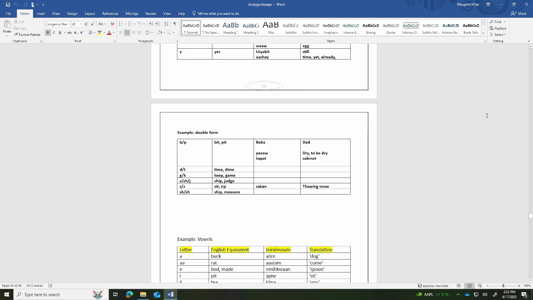And the other one would be baso, to be dry. Kapat, meaning cabinet. Nistoshap, meaning 13.